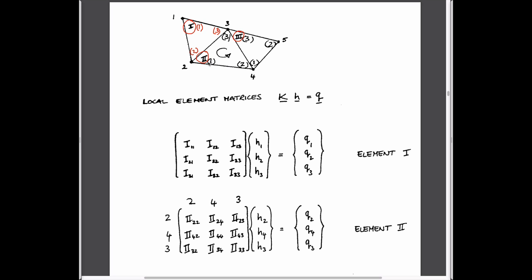But for this element, local node 1 is equal to global node 2, local node 2 is equal to global node 4, and local node 3 is equal to 3. We just need to realize that when we number our nodes, we number them counterclockwise, and it doesn't matter which order we do it in. We could equally make this 1, 2, and 3. It absolutely doesn't matter.